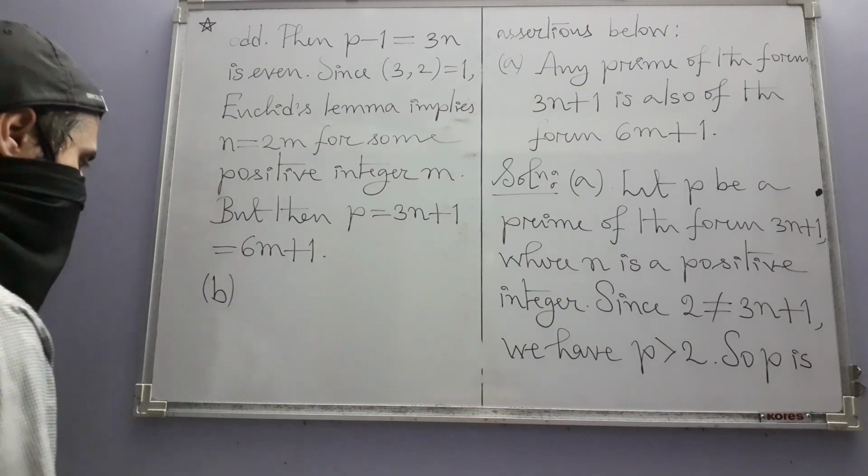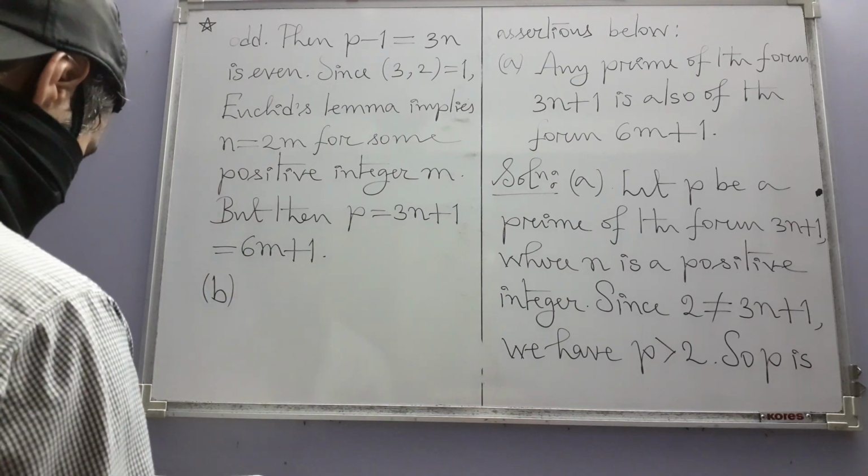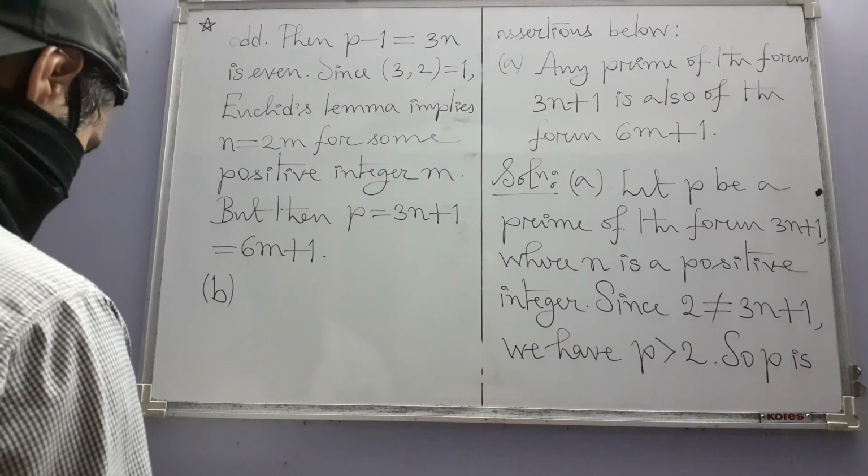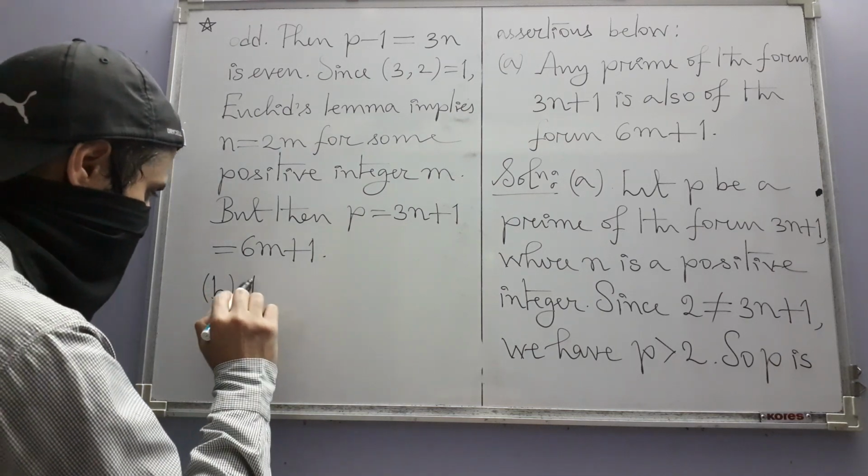Next, part B. Each integer of the form, this one is much easier.